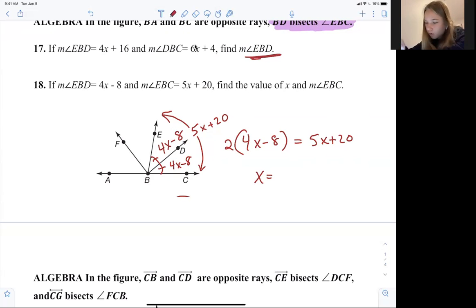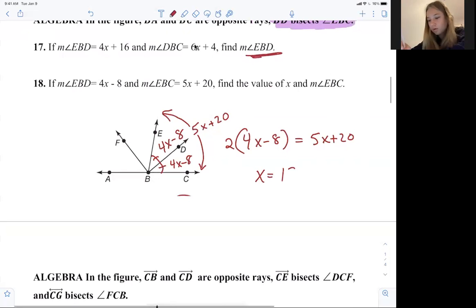Am I wrong? Well, double check. I got 12. Oh, yeah. So x equals 12. Check your work though. 12 too. Yes, thank you. All right. You and me agree on something. How about that?